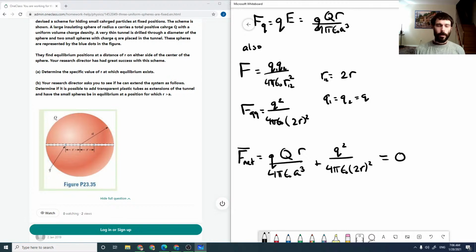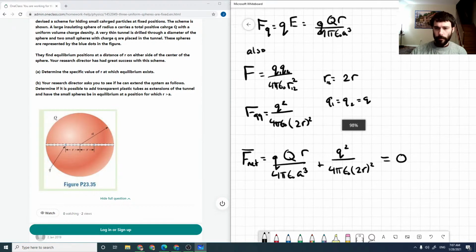So it equals 0 if they're in equilibrium. So we're asked to find equilibrium values for r.